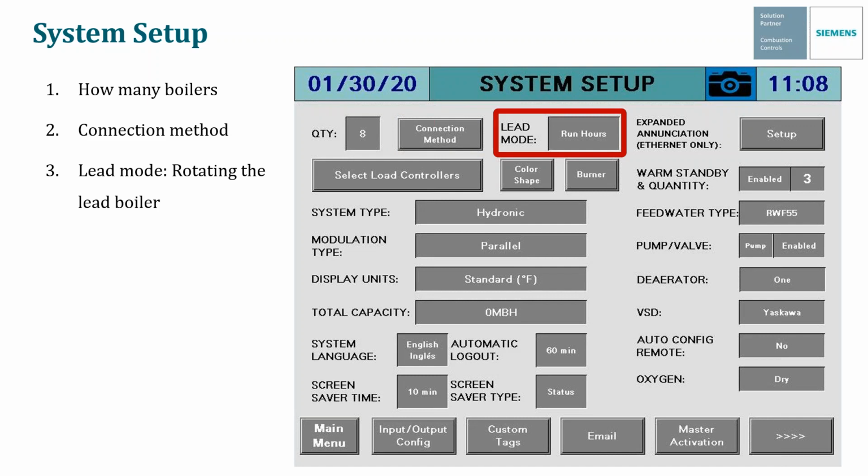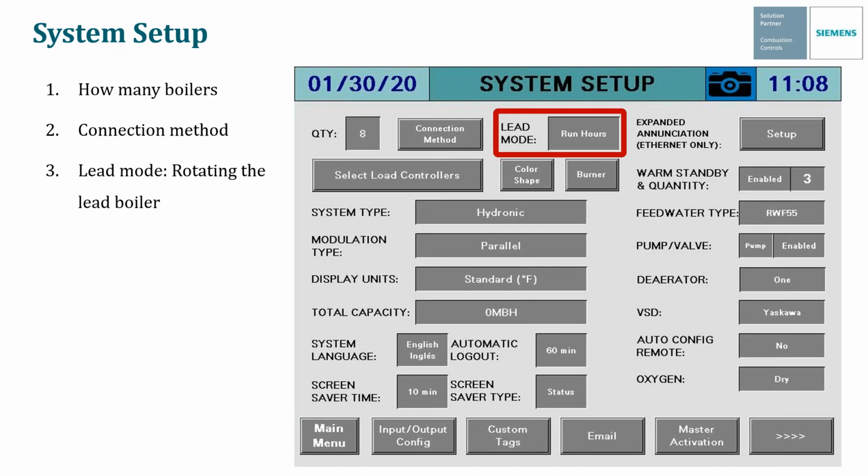The next thing you're going to want to select is the lead mode. And this is how you're going to rotate the boilers, rotate the lead boiler, I'm sorry. Typically, the most common thing we see is run hours, and this is just a simple set point of how long you want each boiler to be the lead, and then it will alternate after that time has elapsed. The other two options in here are LMV hours or LMV startups.